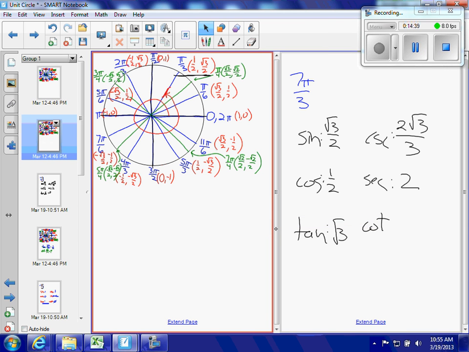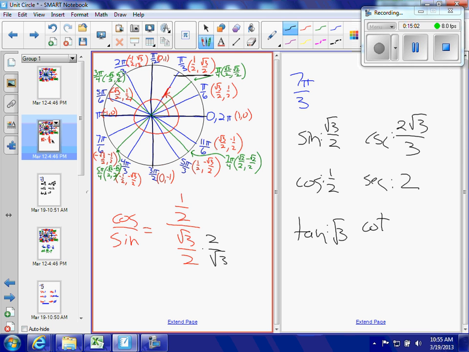And my cotangent is 1 over tangent. I don't want to say 1 over tangent. I'm going to say cosine over sine. So cosine over sine is equal to 1/2 over radical 3 over 2. I'll multiply by my reciprocal, 2 over radical 3. This cancels out.